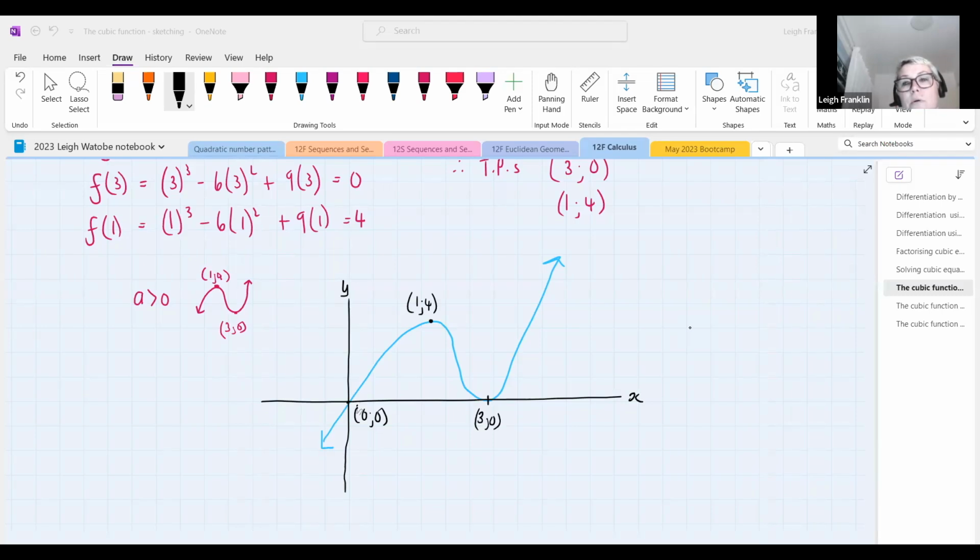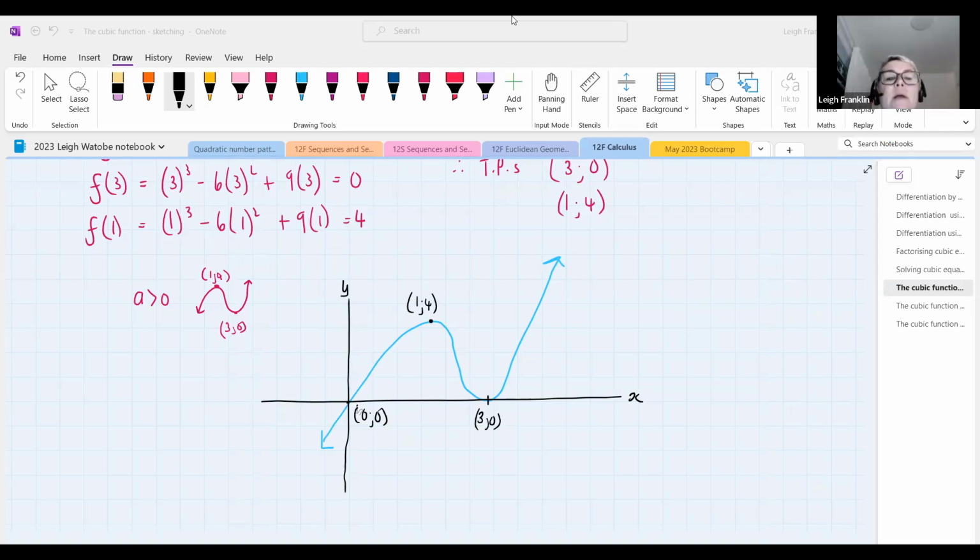Is it because our turning points are all positive? The y-axis only cuts at the origin, and the other points are not on the side of the y-axis. So in other words, your turning points are in the first quadrant. Okay.